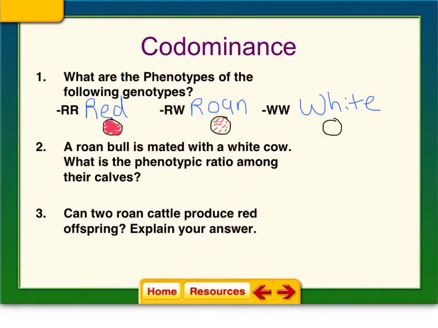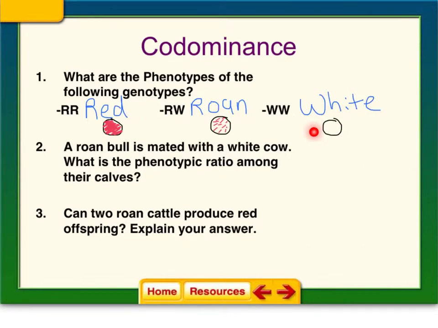Pause. So the homozygous phenotype, red, is completely red, big R, big R. The roan is big R, big W, and it has both red hairs and white hairs, as you can see right here. 2 W's gives us a white individual.